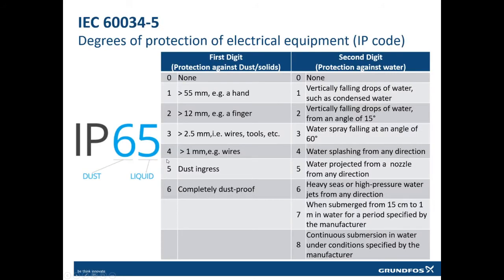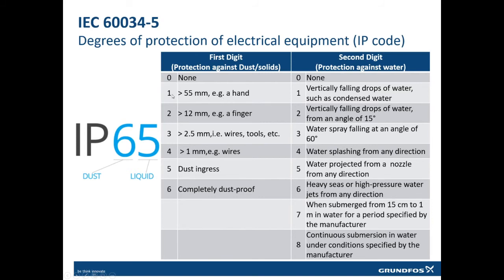Then degree of protection. Degree of protection is about how well the motor's internal part is protected against dust and water. This is for all electronic and electrical equipment, even for your mobile phones. 0 means no protection. 1 means objects more than 55 millimeter cannot go inside, like a hand.